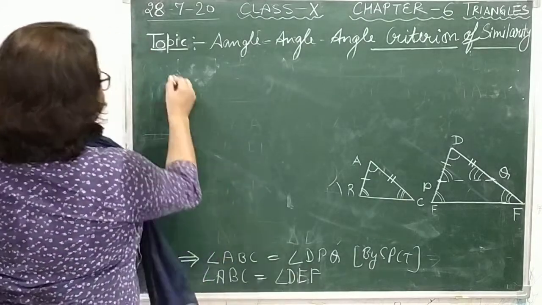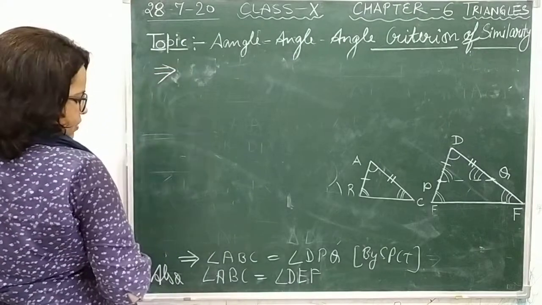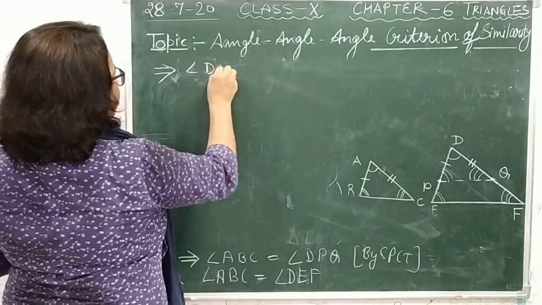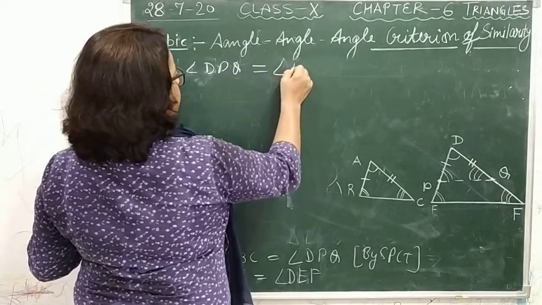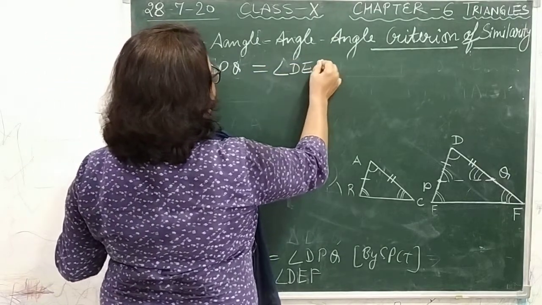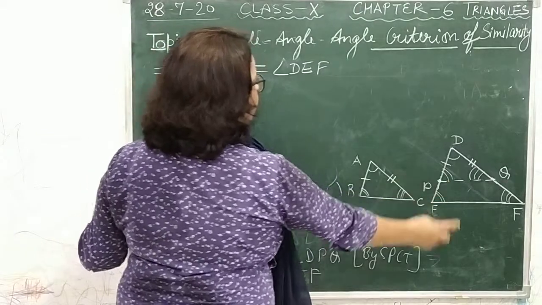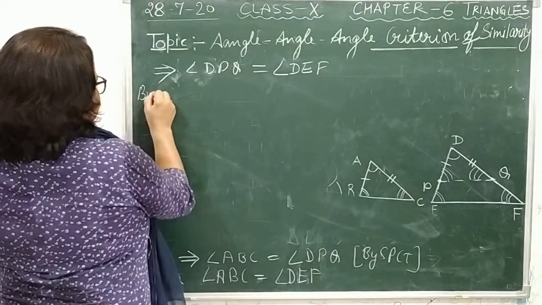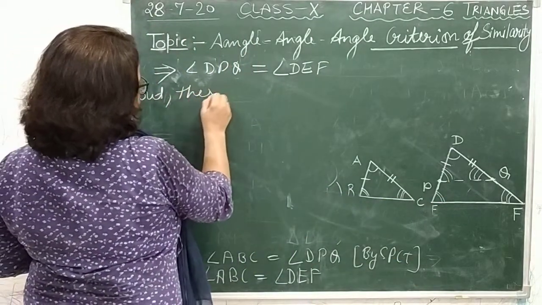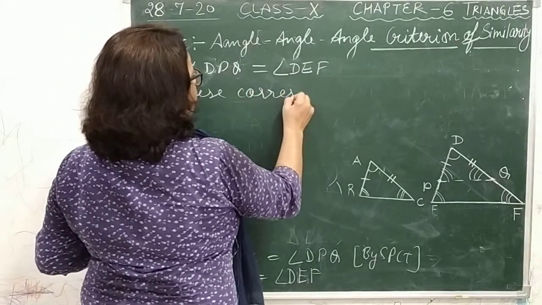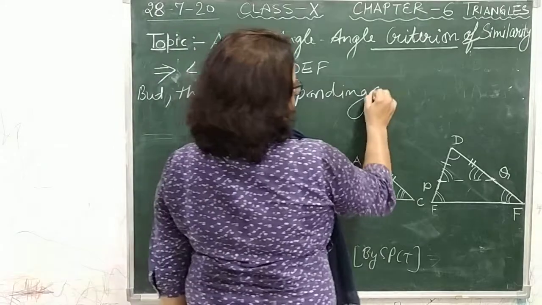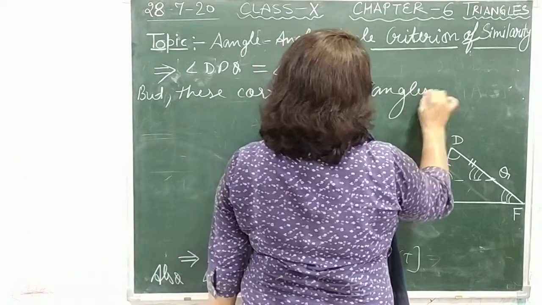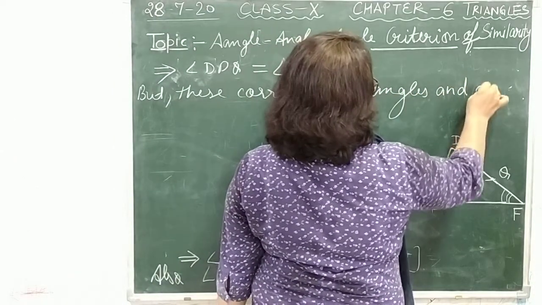So from here, we imply that angle DPQ in this triangle is equal to angle DEF. But what type of angles are these? These are corresponding angles, and are equal.